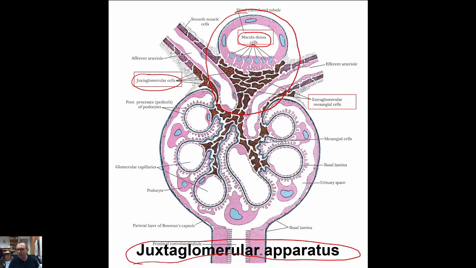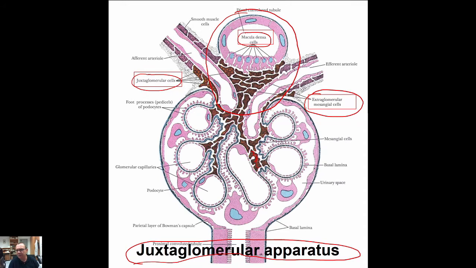And there are also some cells filling the spaces among the two previous structures. They are called extraglomerular mesangial cells. They are similar to mesangial cells you already know from the renal corpuscle. You can see that they have the same color in this schema. These brown branched cells were in the corpuscle.